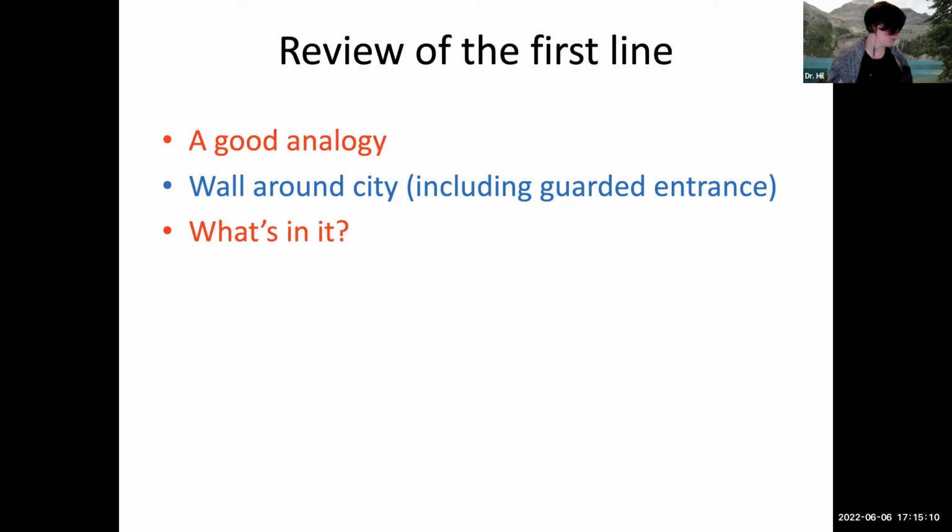Besides skin and mucous membranes, what else is a part of our first line of defense? That's right, Haley, normal microbiota, correct.